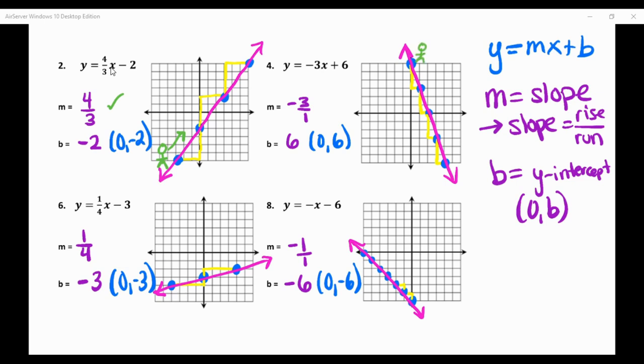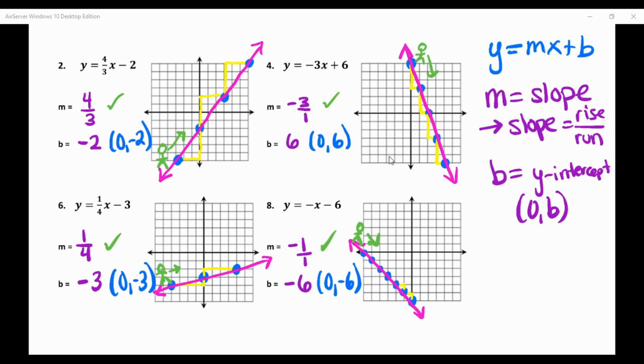The slope for number 4 is negative, and in fact the slope is negative. The slope for number 6 that we graphed is positive, and the slope is positive. The slope of the line we graphed is negative for number 8, and in fact the slope was negative.